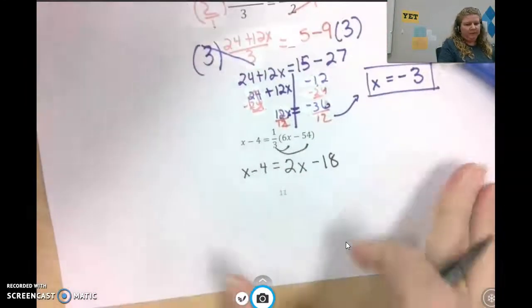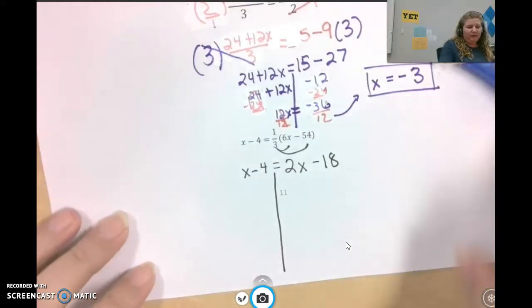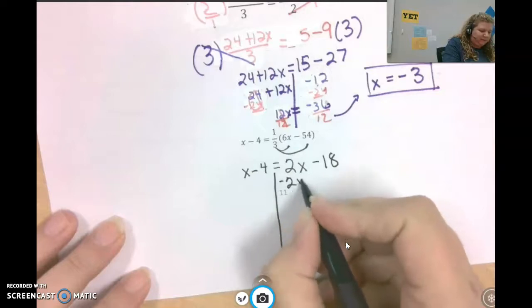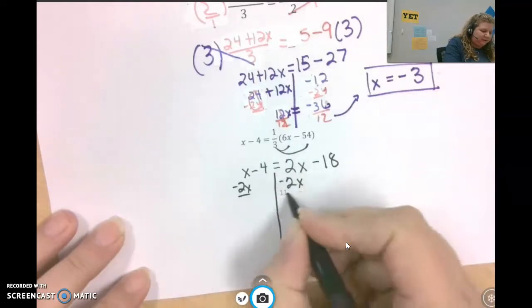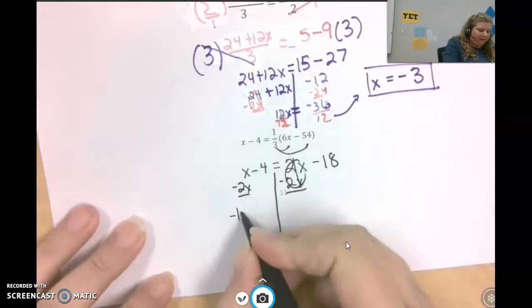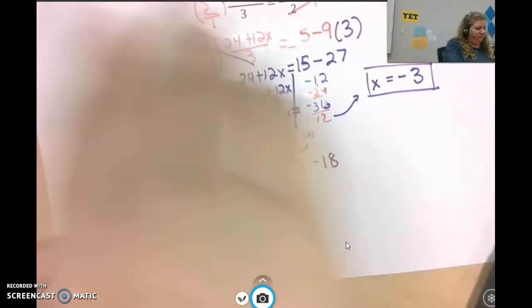Now I have variables on both sides, so I'm going to need to remedy that as a first step. Let's see, what if we did minus 2x from each side? This is eliminated. Then I have negative 1x minus 4 equals negative 18.